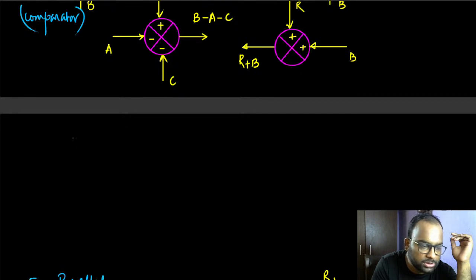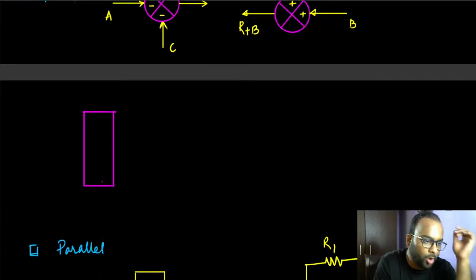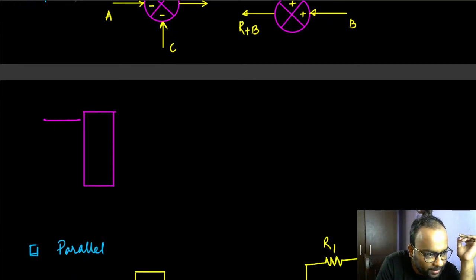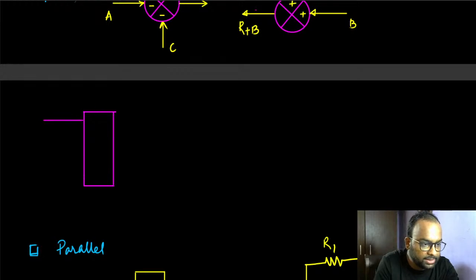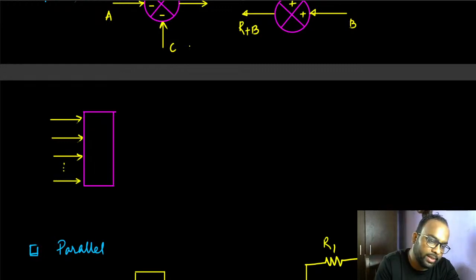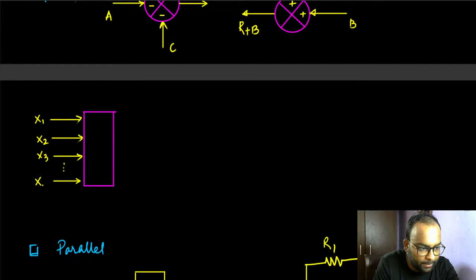If we have multiple inputs, then instead of drawing a circle, we draw a vertical oblong type of box, and here we can have n number of inputs. The output is always going to be only one. Let's call these signals x1, x2, x3, and there are n inputs, so xn.